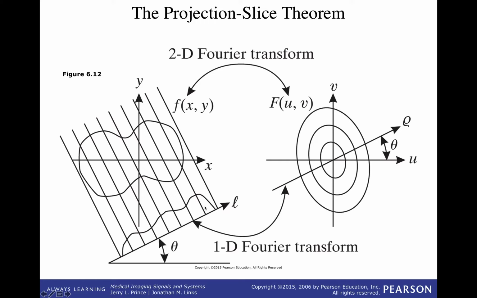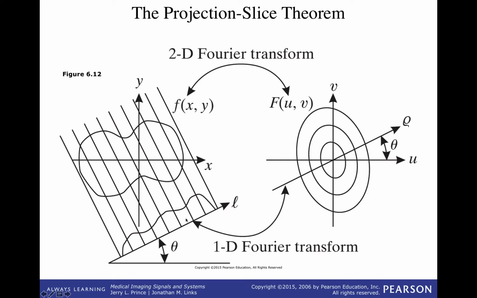If I take the one-dimensional Fourier transform of g(l, theta), remember this is the integration of mu along this line at each point, so now I have a 1D function and I take its Fourier transform, the 1D Fourier transform of g(l, theta) will be a 1D function.